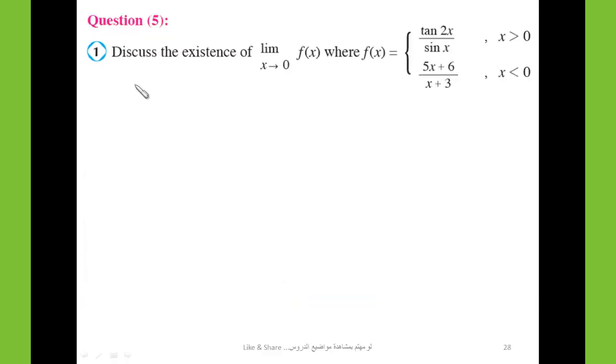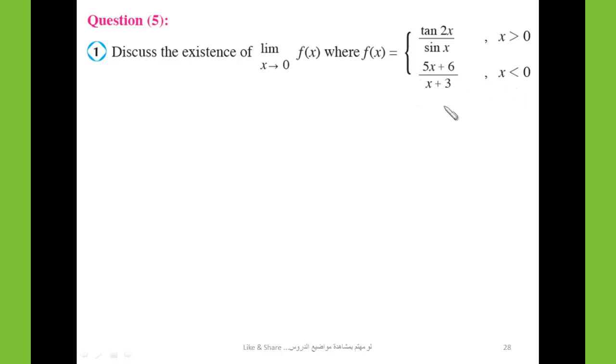Question 5. Discuss the existence of the limit of f of x as x tends to 0, where f of x equals tan 2x over sine x when x is greater than 0, and f of x equals (5x plus 6) over (x plus 3) when x is less than 0.